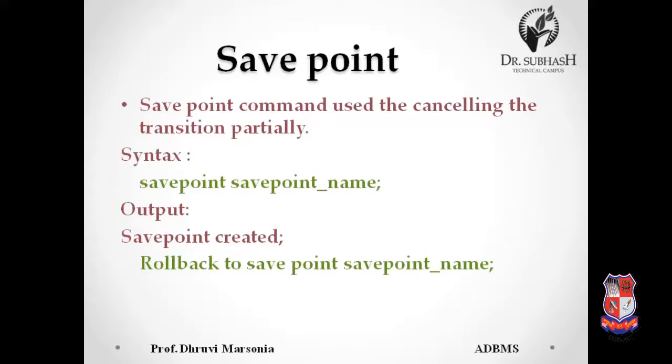The output is save point created. Then to the point where we want to roll back our operations, we write rollback to save point name. The output is rollback completed. So now we are aware of the 3 TCL commands: commit, save point and rollback.